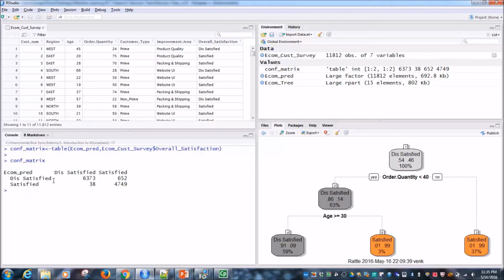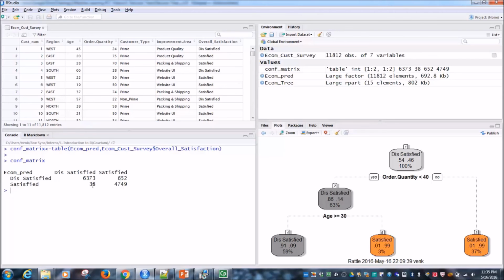Okay, when the actual value is dissatisfied, we are predicting it as dissatisfied 63 times. When the actual value is satisfied, we are predicting it as satisfied 4749 times. When the actual value is satisfied, we are wrongly predicting it as dissatisfied 652 times.